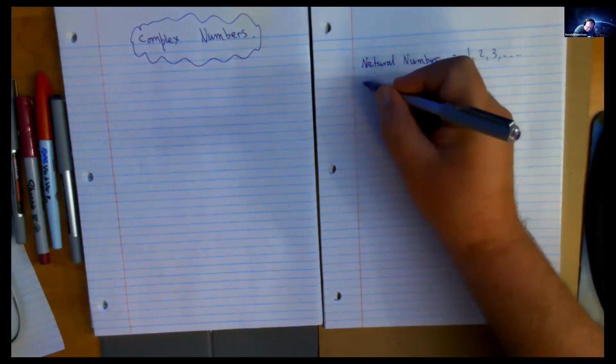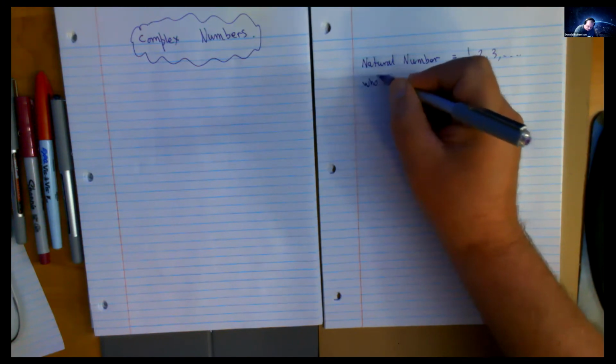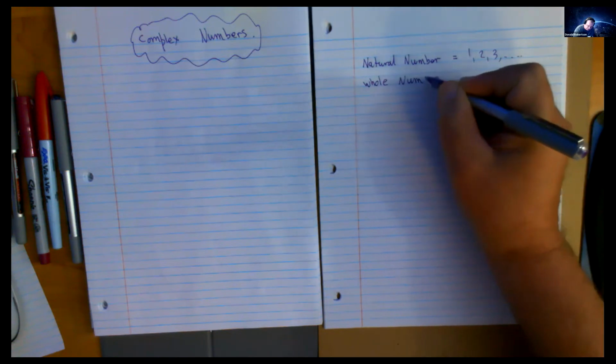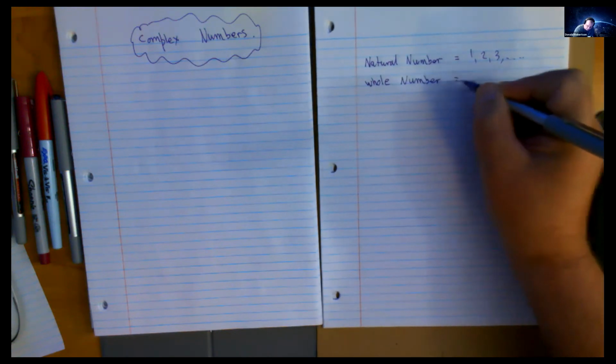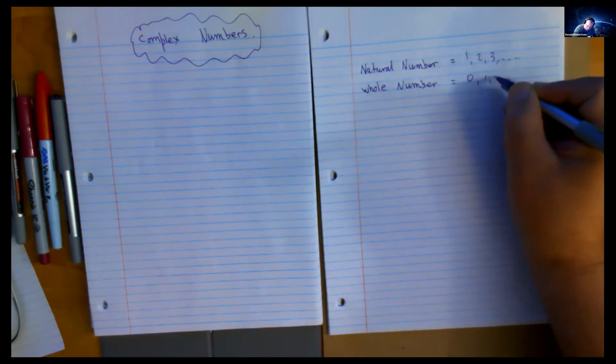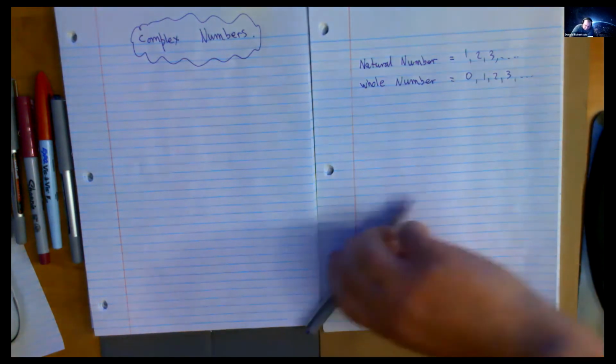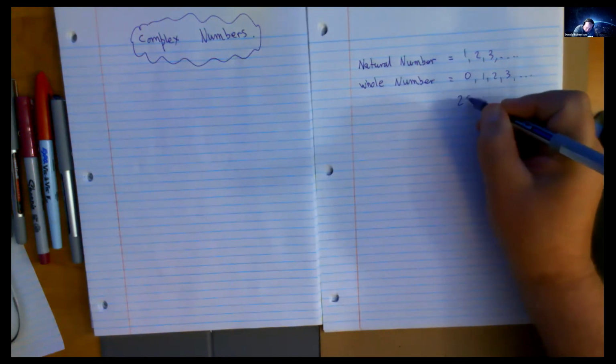Then some bright guy, I believe it was an Indian actually from the Indus Valley, added one more number to the number system. He added 0. Now, what did 0 allow us to do? 0 allowed us to do place value.